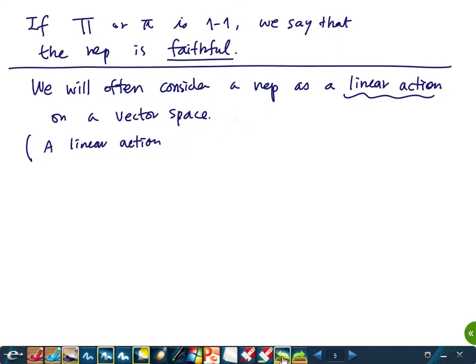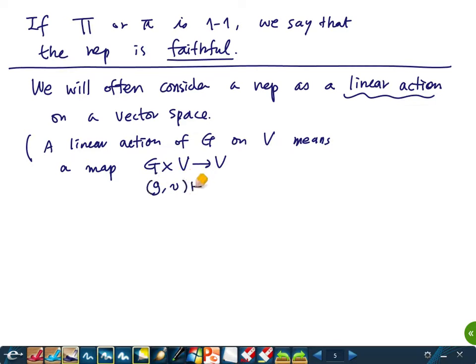Let's say G acting on V means a map G cross V to V, usually denoted by G dot V. So it's a map.